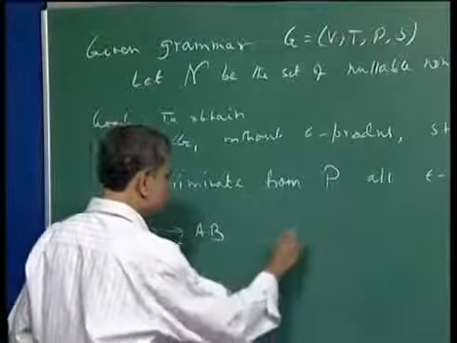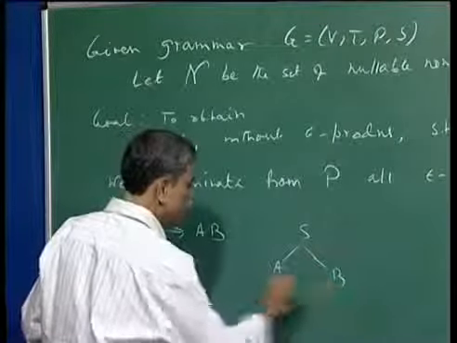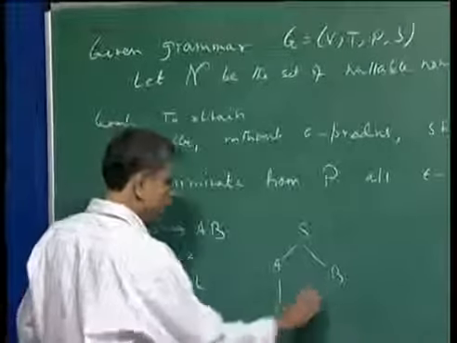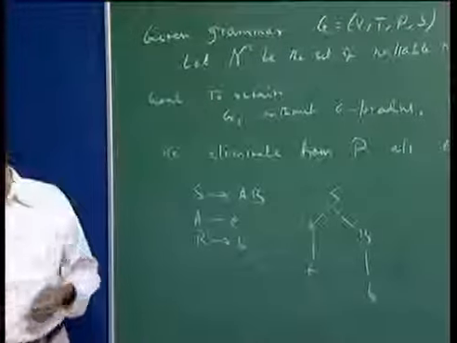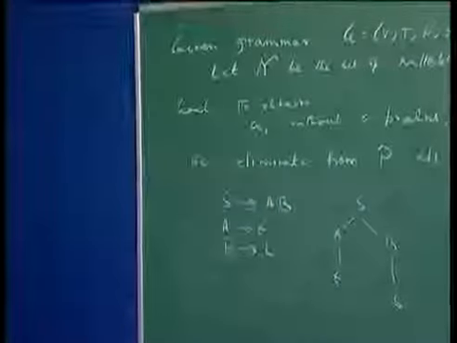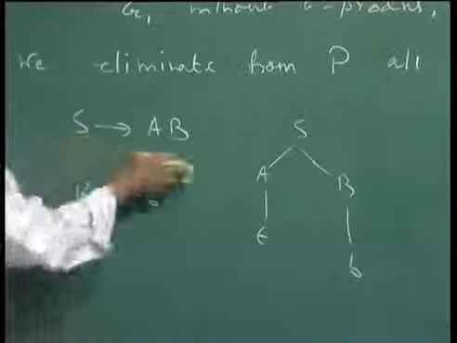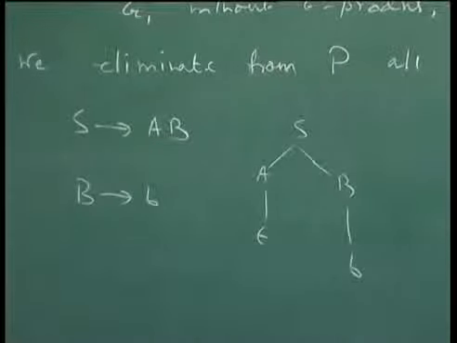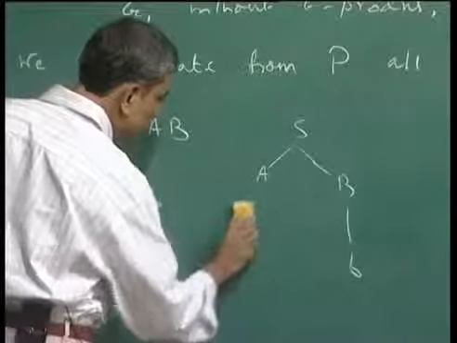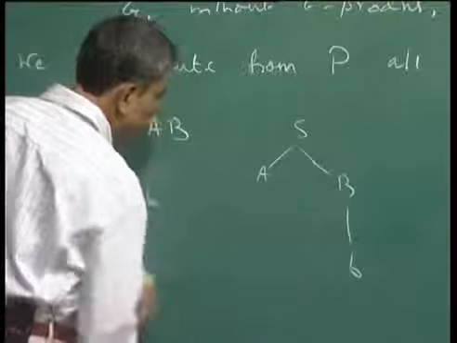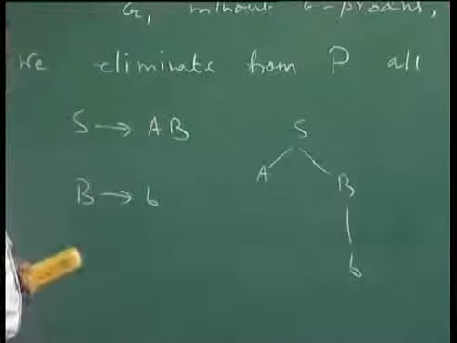this grammar can generate, you can see, A goes to epsilon and then B goes to B. Now, if I remove the epsilon production from this set of productions, then this part of the derivation tree cannot be there.